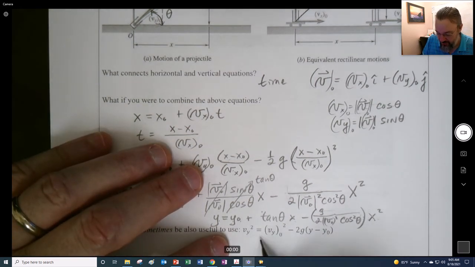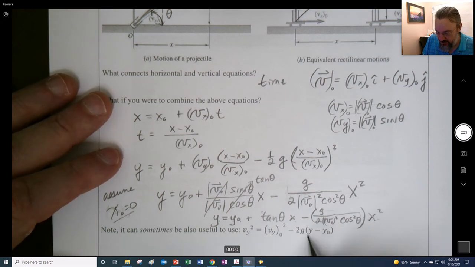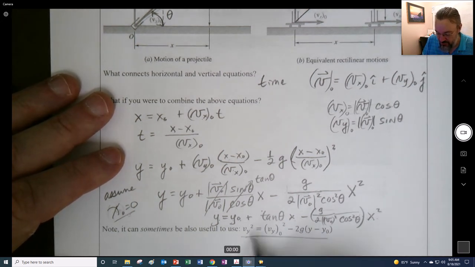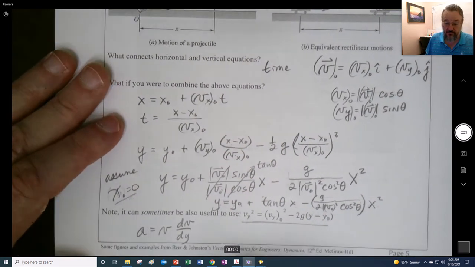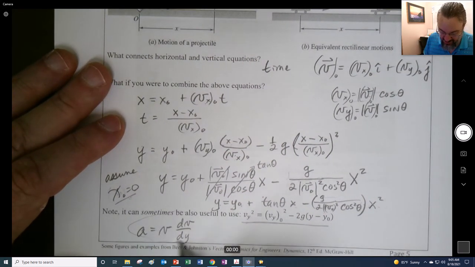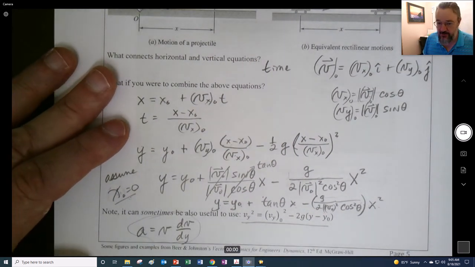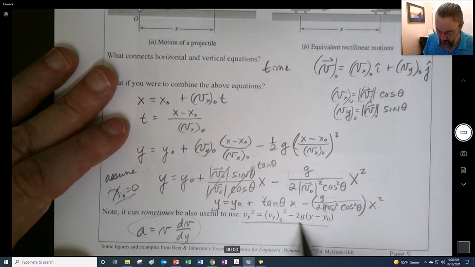We want a relationship between velocity and position. This is the consequence of the acceleration, dv dy, right? If we work this out as we did in class 2, we end up with this equation right here, and this also remains true and can be useful to us.